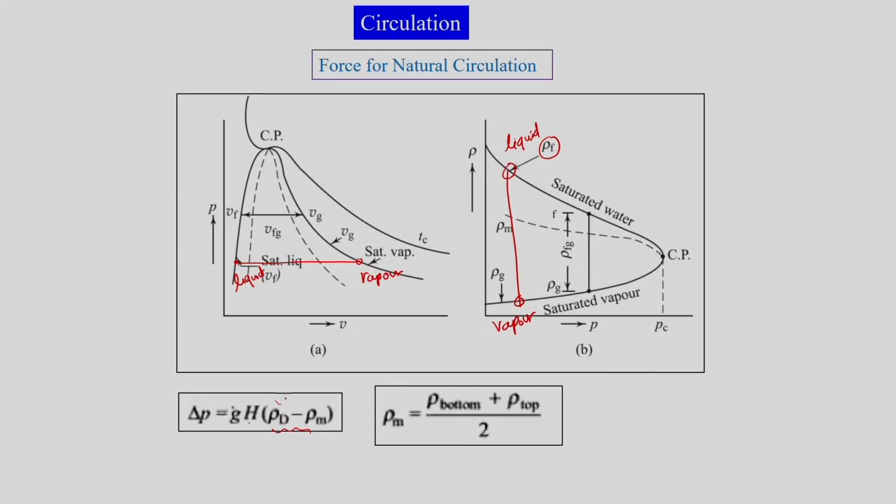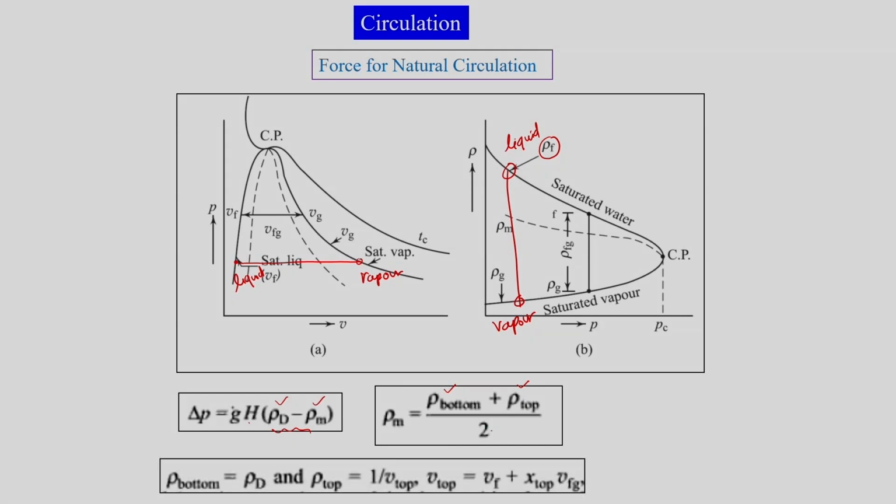One is the density in the downcomer and one is the mean density in the riser. This mean density is the density at the bottom of the riser plus the density at the top of the riser, divided by 2. The bottom density is the density of the saturated liquid water, but we do not know the density at the top. So, that can be found out using an expression which needs the dryness fraction at the top.